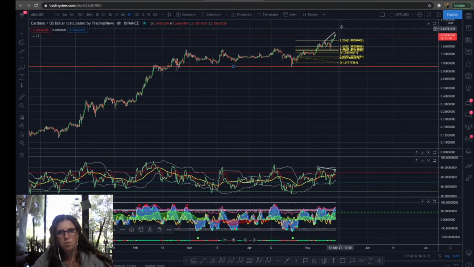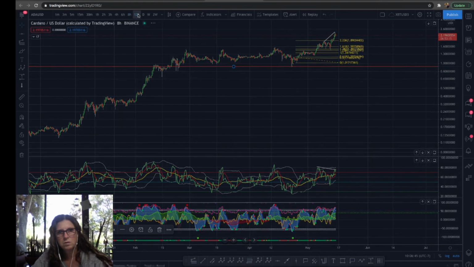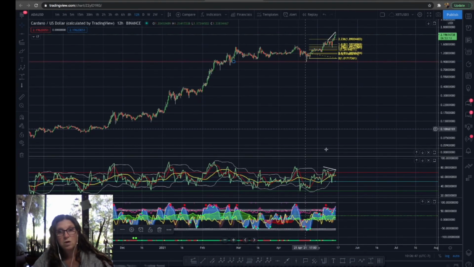So it might have one more push up around the $3 area, but be very careful because it's creating bearish divergence on all the time frames. So this tells me that this fifth leg is coming to an end here. And we're going to get another fourth. I don't think this run is over by any means.